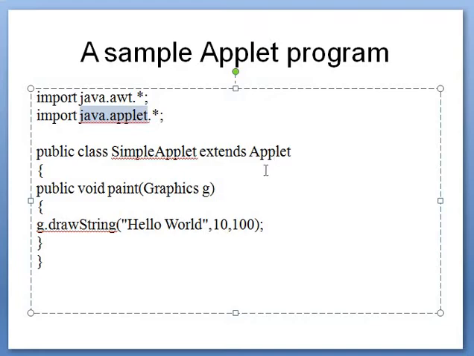Then inside SimpleApplet we have implemented one method, public void paint, with an argument Graphics g. Paint is declared here inside SimpleApplet. This method is defined by the AWT and must be overridden by the applet. The paint method is called each time that the applet must redisplay its output.